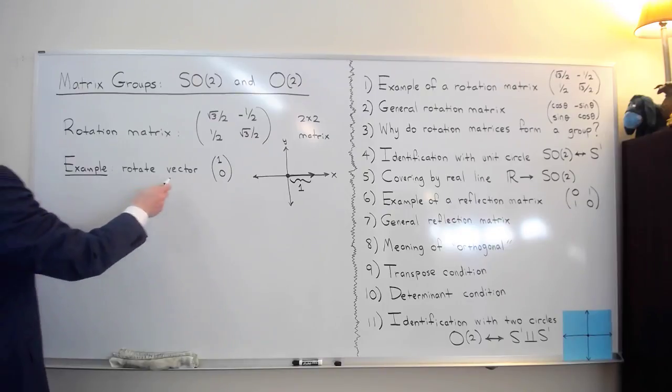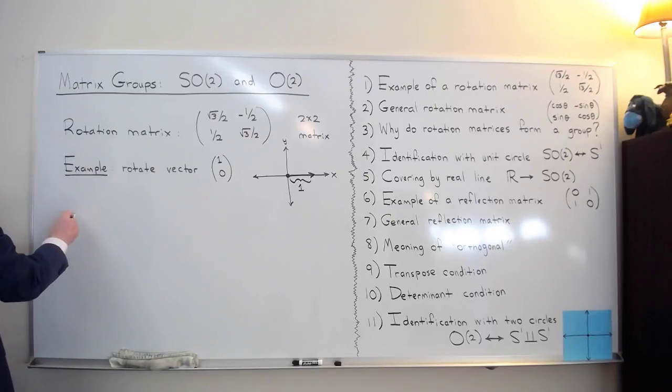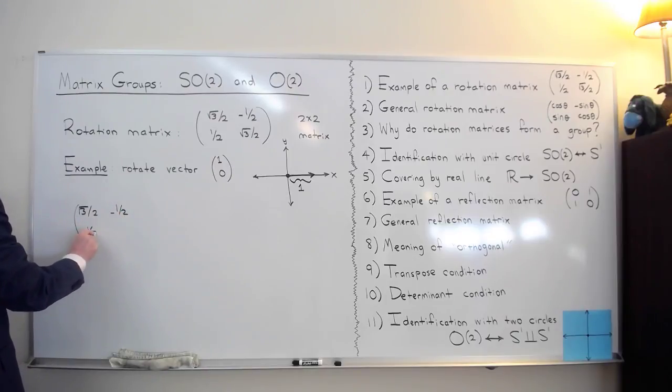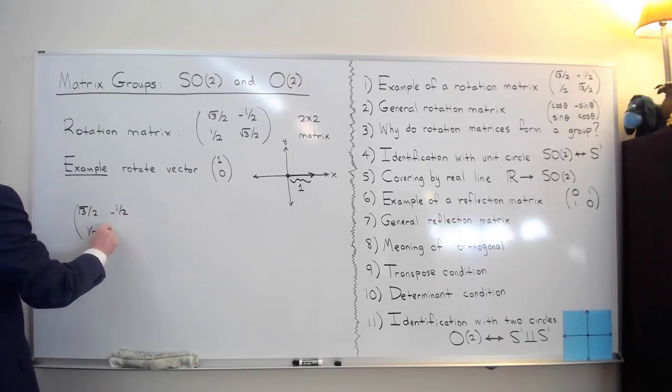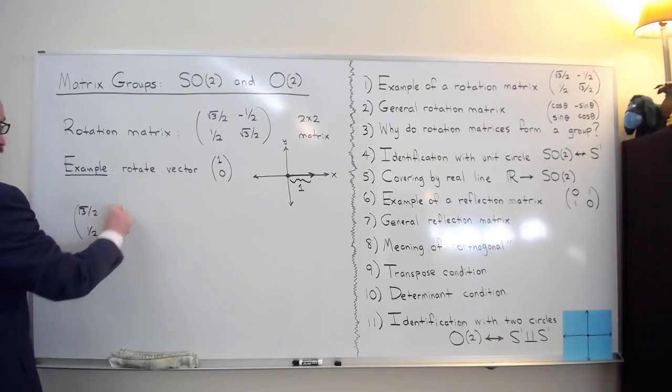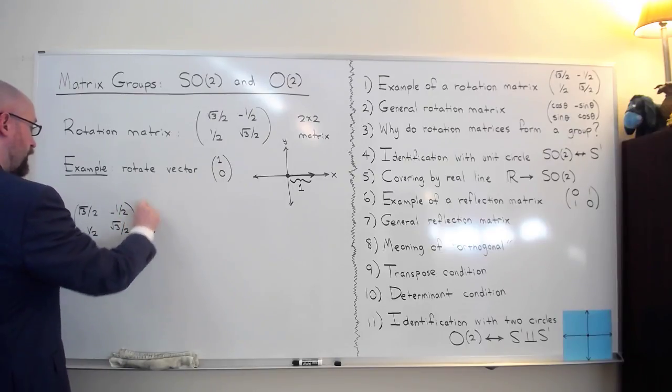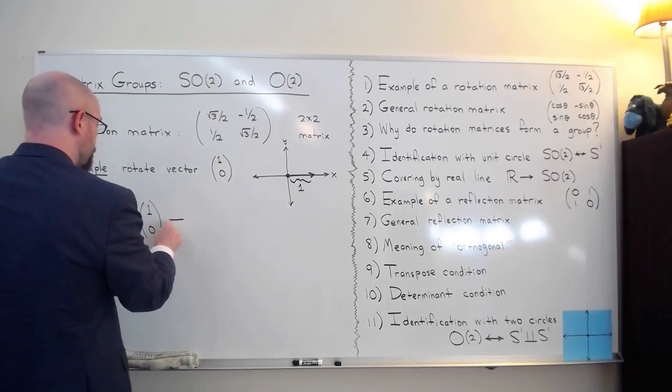So what we're going to do is take the matrix, square root of 3 over 2, minus 1/2, 1/2, square root of 3 over 2. And we're going to take this 1, 0, and do the matrix multiplication. So what will happen?